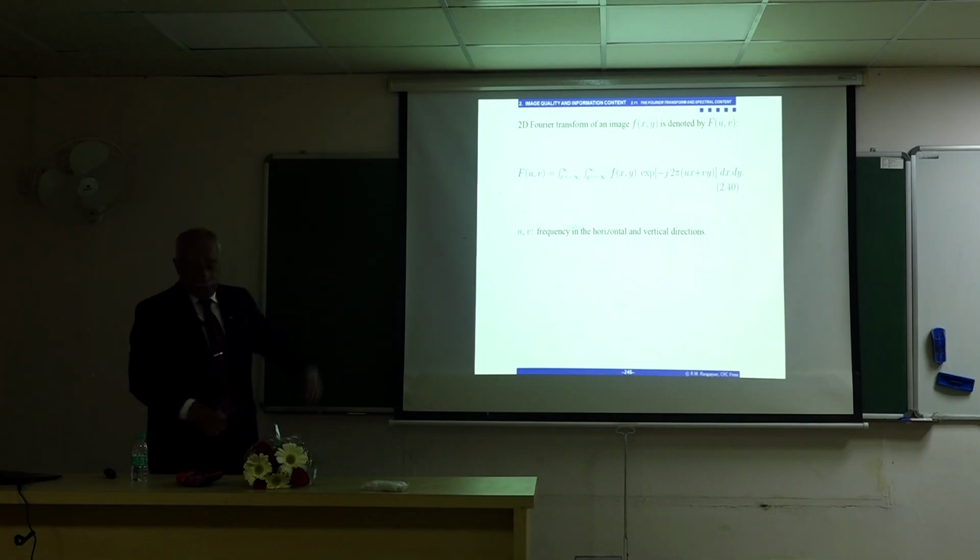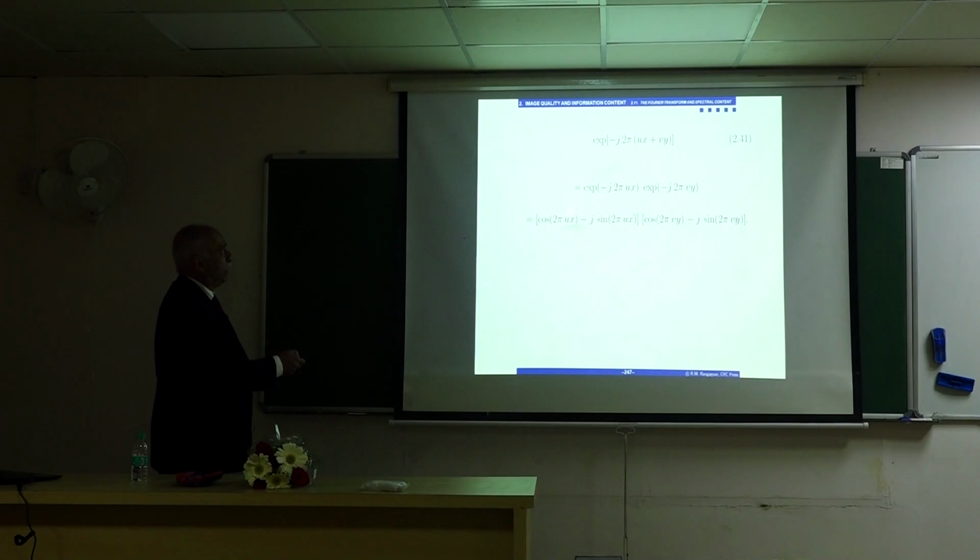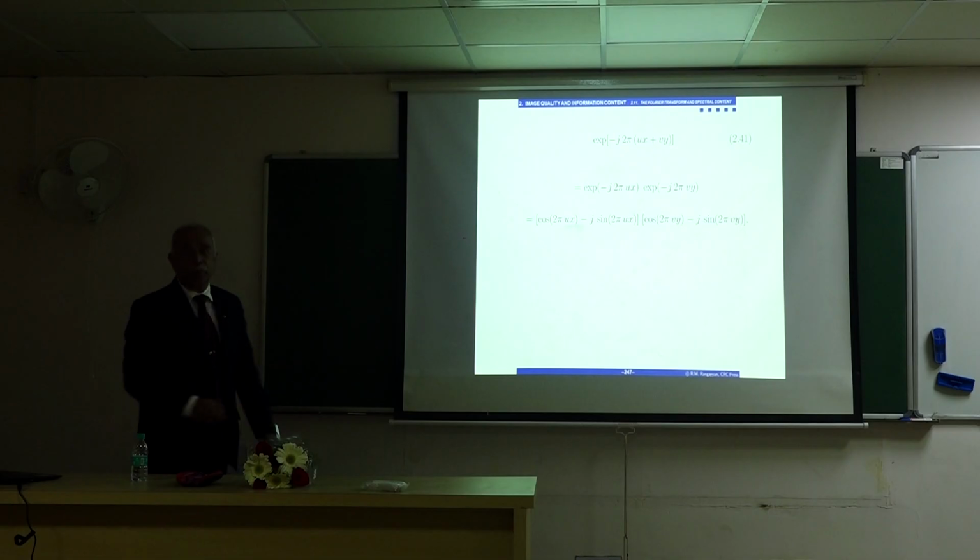Okay? We will see the details later on. Exponential minus j2 pi (ux plus vy) is separable, ux, vy, and each one has a cosine and a sine in ux and vy.